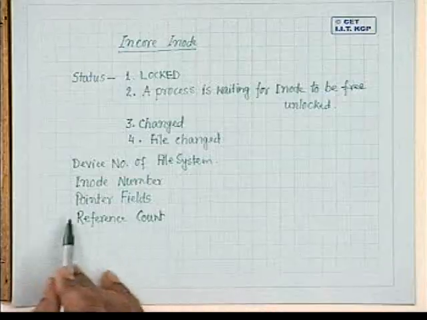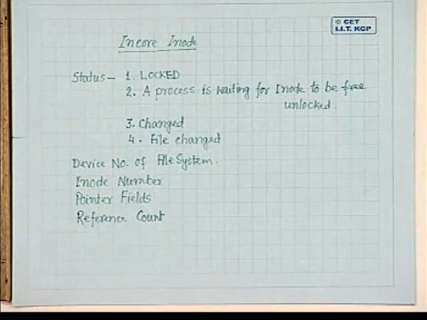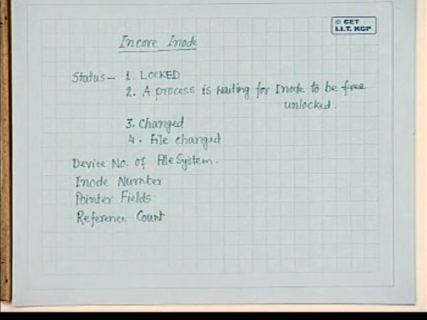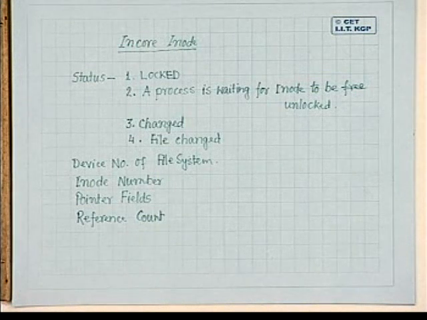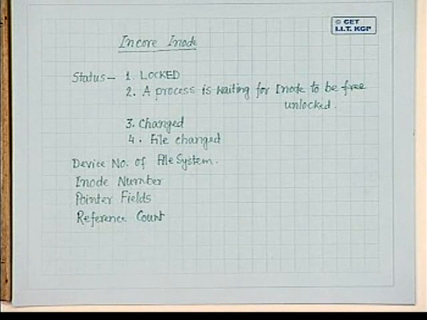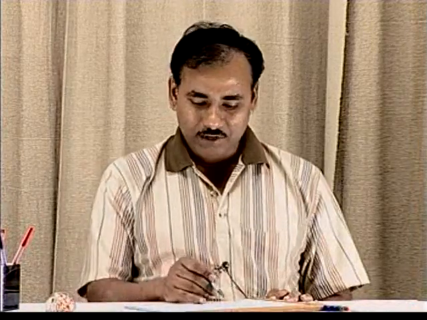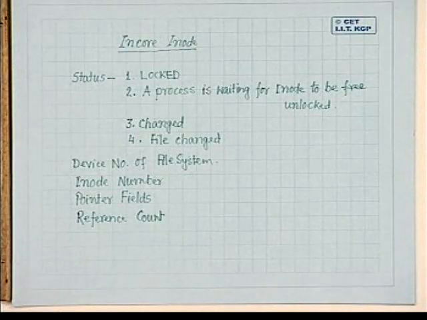So for any read or write operation which has to be performed on the file, I have to refer to the inode. Consider a case where two instances of a particular inode are active simultaneously. That means there are two processes working on the file simultaneously. Now one process closes the file. The file is still open for the other process, which means the reference count field is not equal to 0.